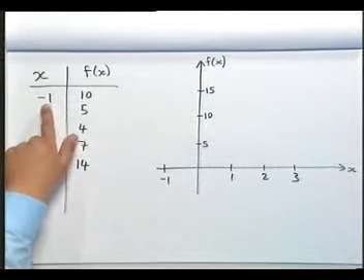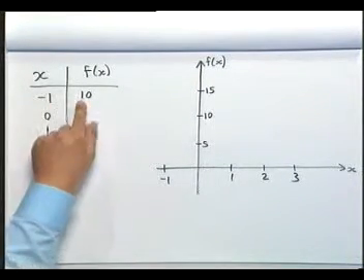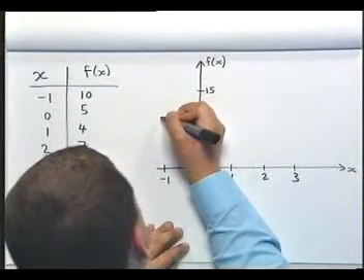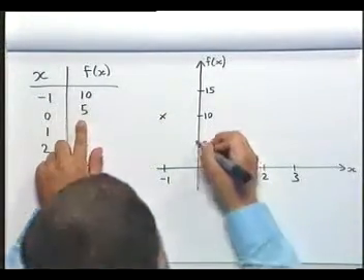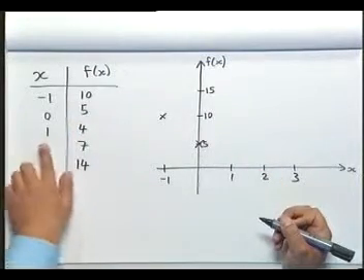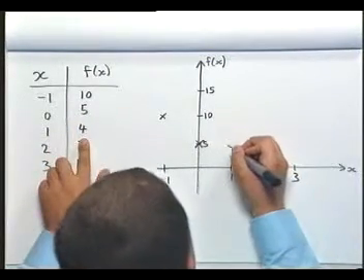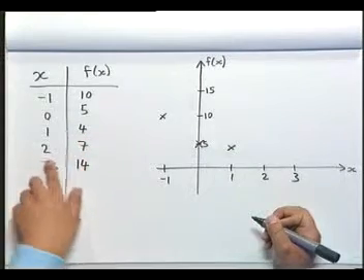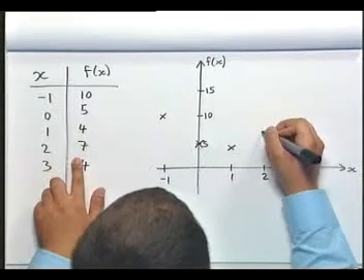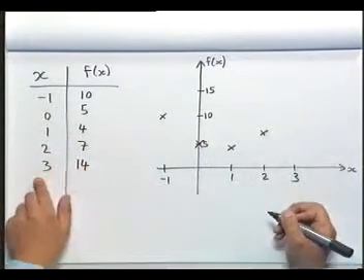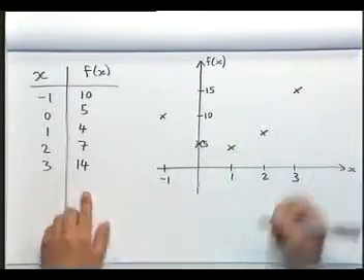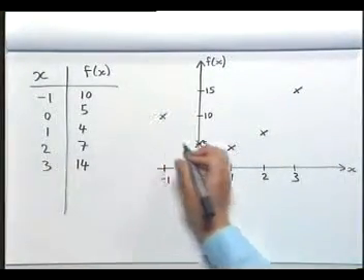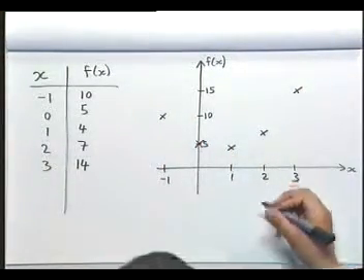Okay, so our first point to plot is minus 1 and 10, which will give us something there. 0 and 5, which is a point here. 1 and 4, which gives us a point here. 2 and 7, which will be around here. And 3 and 14, which will be about here. So we can see the kind of shape that this function is starting to take here, and we can draw in the graph.